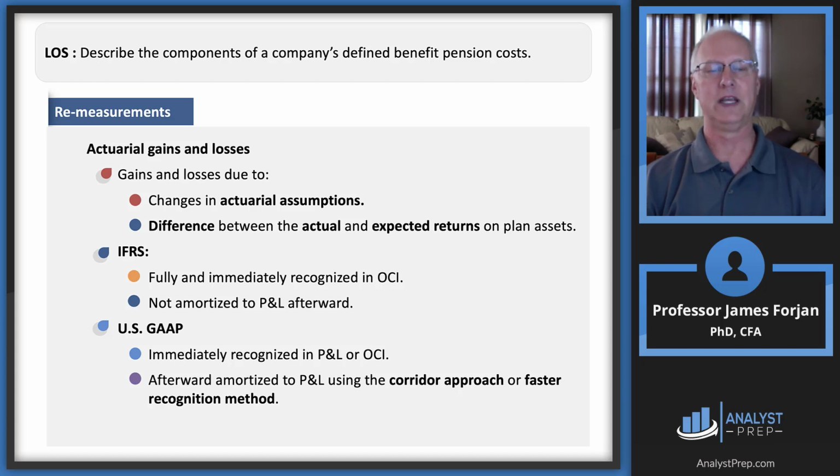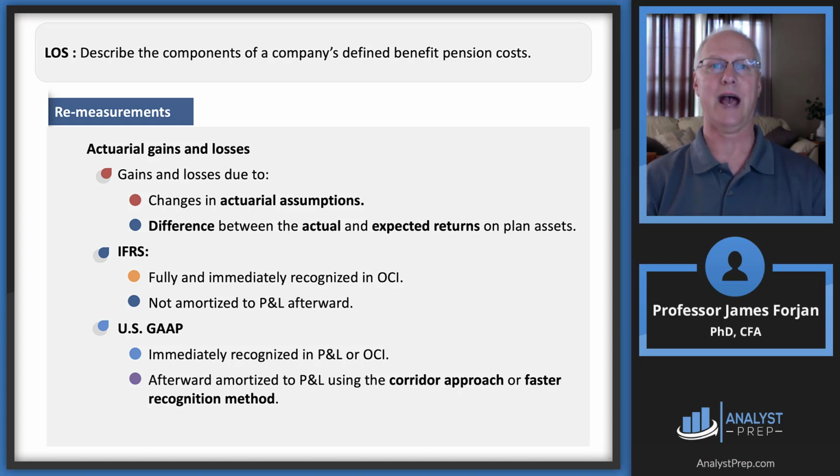And so that's going to lead to difference between actual returns and expected returns on the plan assets. And so notice, once again, the international rules fully and immediately recognized. These are not amortized. Under GAAP, they are immediately recognized in the P&L, or they can be thrown over to other comprehensive income.